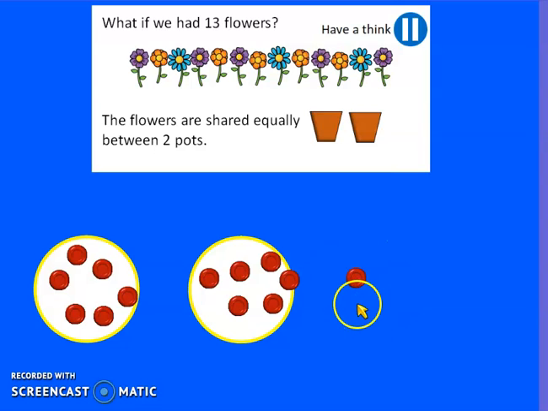So we've got 1 left over. I can't put that into one of the pots because then they won't be equal. So if we divide 13 by 2, the answer is 6, but with a remainder, there's 1 left over.